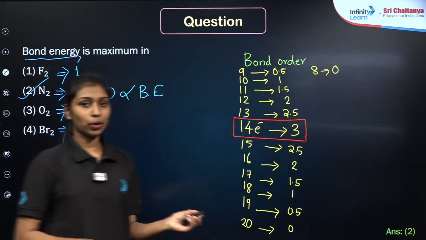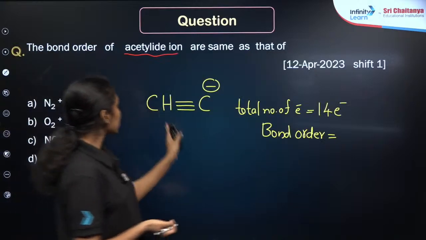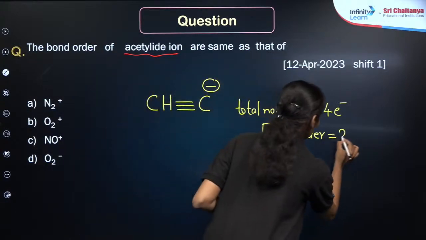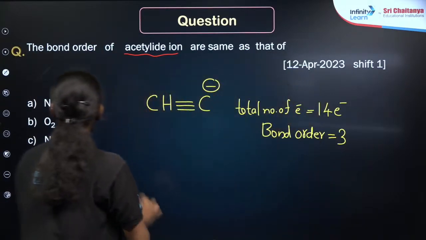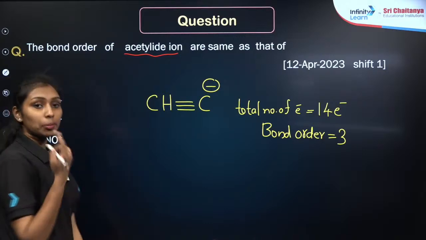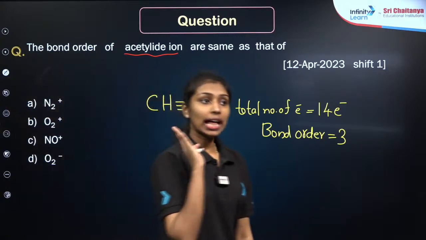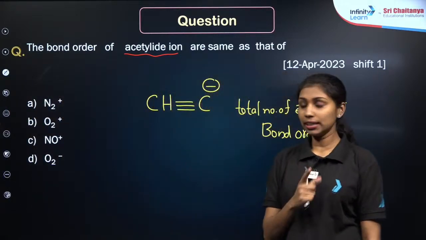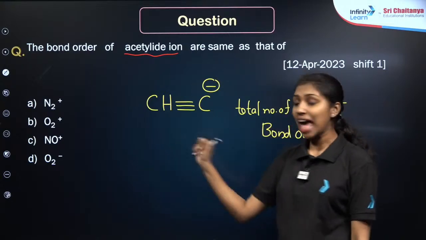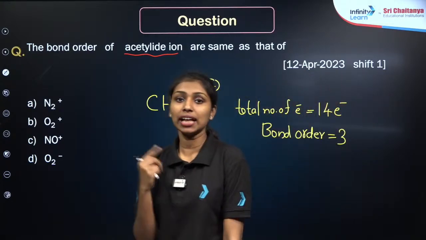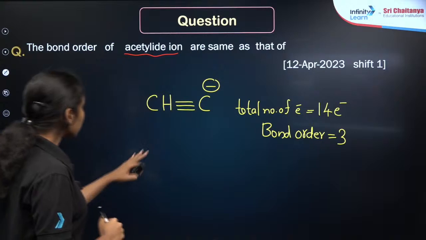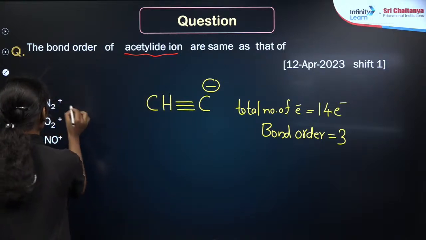Bond order will be 3, which means that this molecule also has a bond order of 3. Then, in these options, you have to calculate the total number of electrons, which means that all the isoelectronic species have the same bond order, right? So, if any molecule has 14 electrons, it will be an isoelectronic species having the same bond order of 3, right?